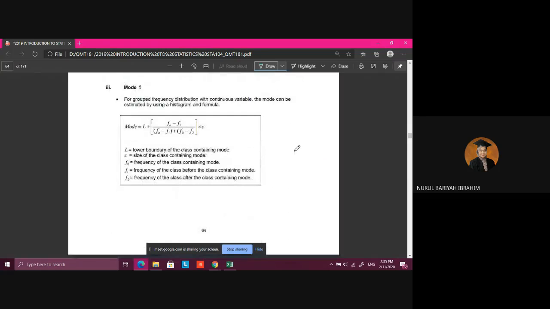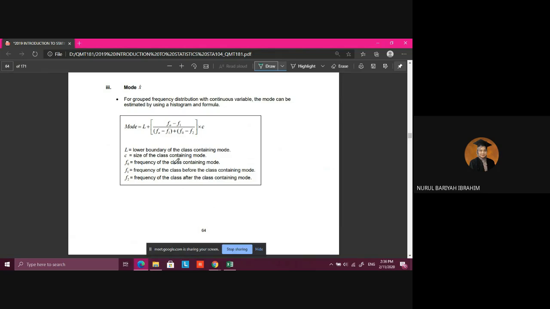Okay, we move to mode. So this is the formula. So L here adalah lower boundary for the class containing mode. So you kena tahu jugalah mode berada di kelas yang mana. So macam mana nak tahu? Kita tengok which classes having the most frequency, okay, the highest frequency.